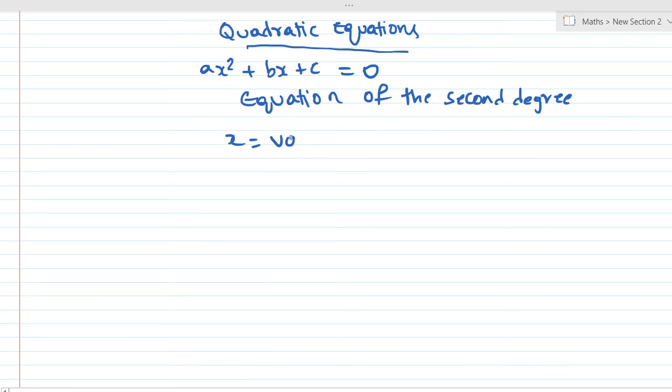Here x is a variable, and a, b, c are constants.